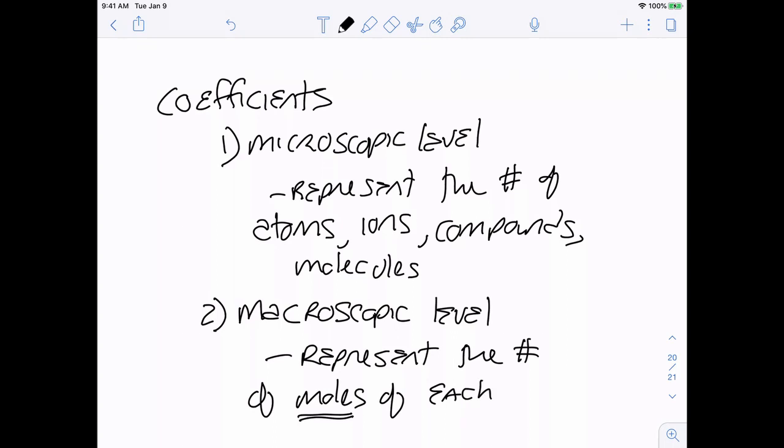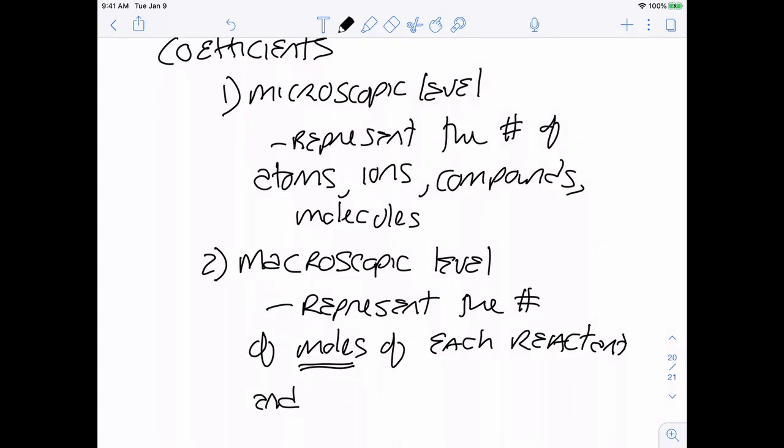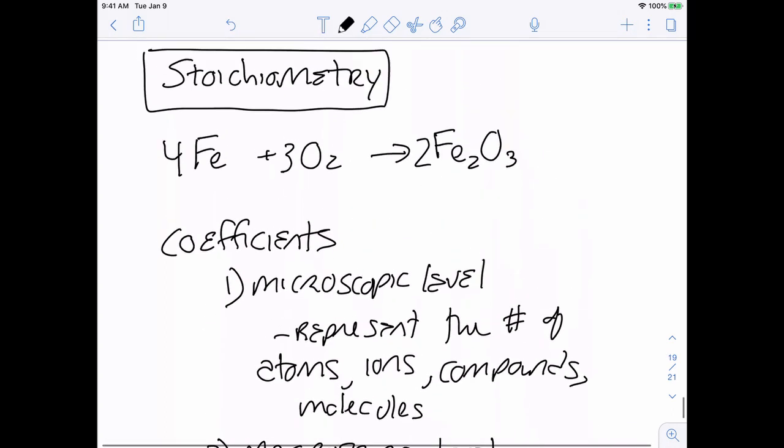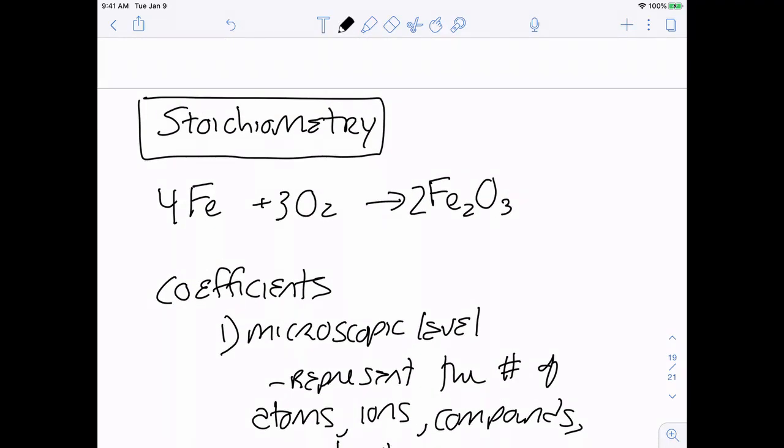So the number of moles of each reactant and product. So if I went back up to that equation here, I could say 4 moles of iron react with 3 moles of oxygen to give me 2 moles of iron 3 oxide. And they represent both of those. We just use either the microscopic or macroscopic version, depending on what we're trying to solve for, right?